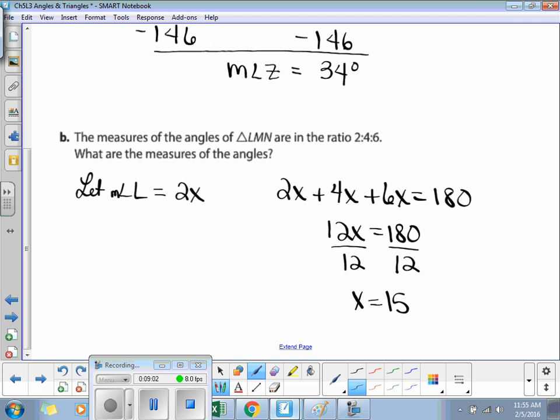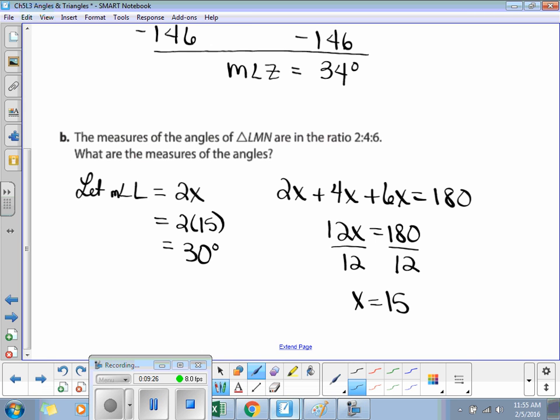Is that going to be one of my angle measures? No, because the measure of angle L is 2x, right? So that means that the measure of angle L is going to be 2 times 15, which is equal to 30 degrees. You with me?